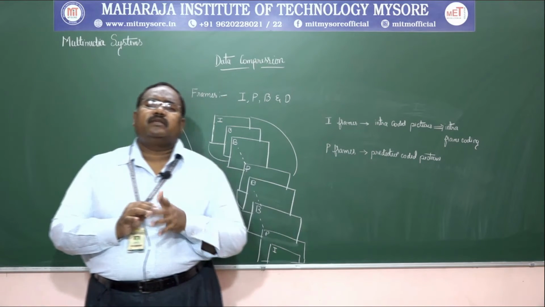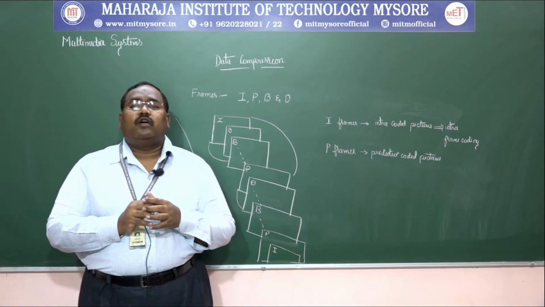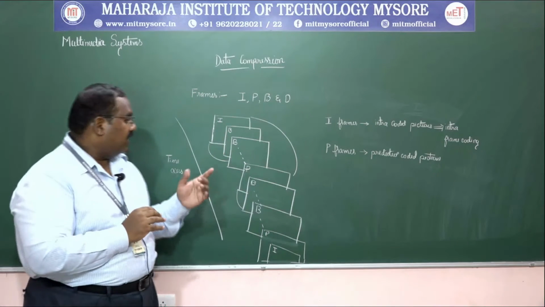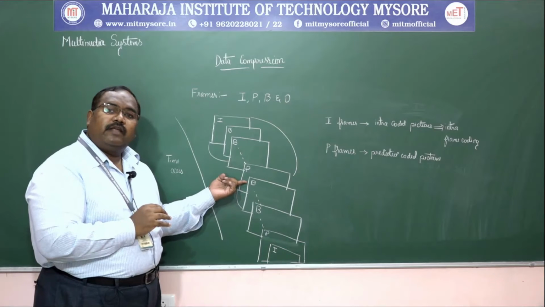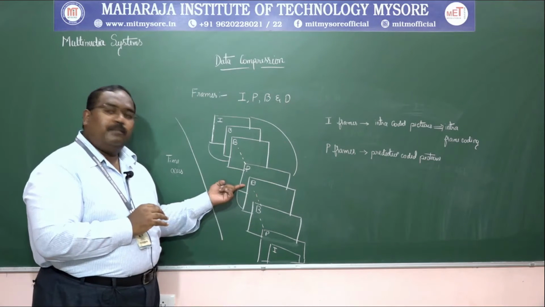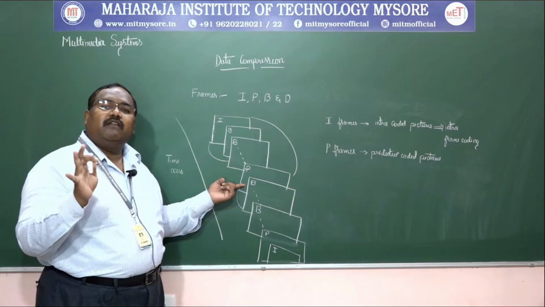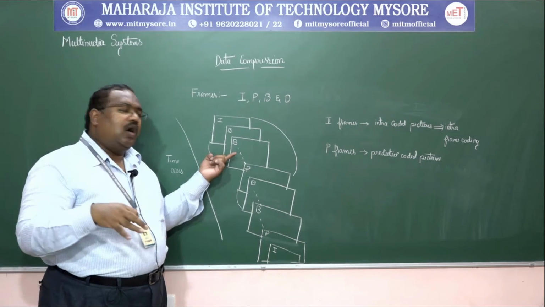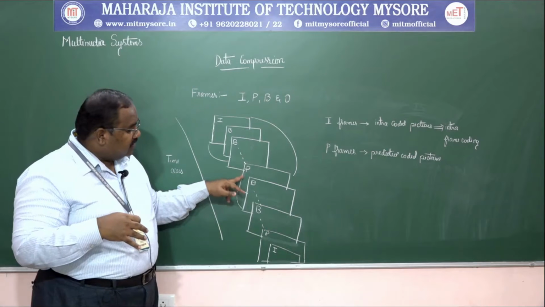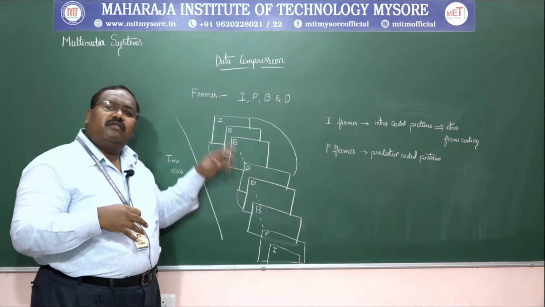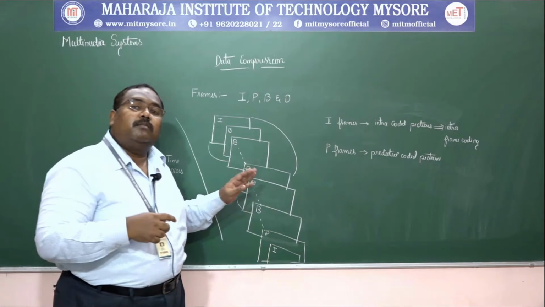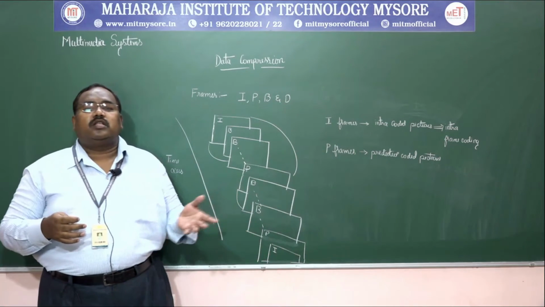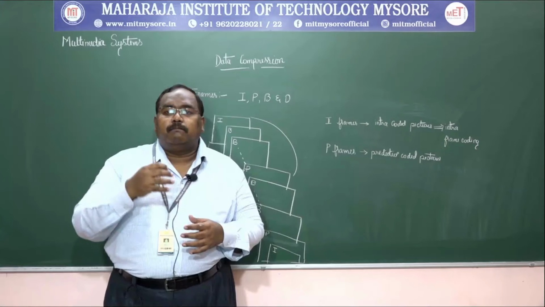P-frames require information about the previous I-frames or P-frames. Look at this, here P-frames are there. These frames require the information from the previous one, meaning we are predicting from the previous one. That's why we call this concept predictive coded pictures.